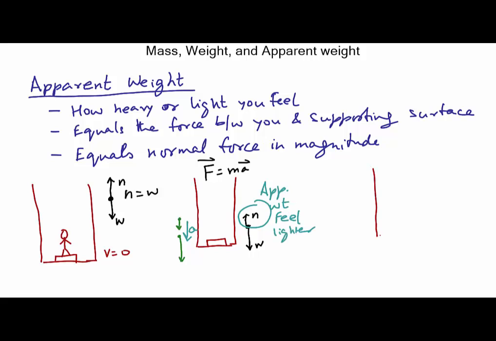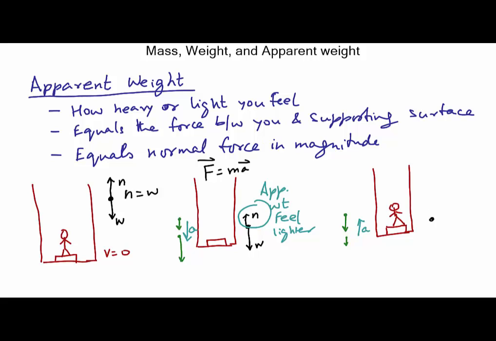And lastly, if we take the same elevator car, and let's say now it's reaching the floor that it's getting to, and so it's starting to slow down. And because it's starting to slow down, the velocity vectors look like this, a big number to begin with and a smaller number later. And that translates to an acceleration that points upward. And for the acceleration to point upward, the net force must point upward.